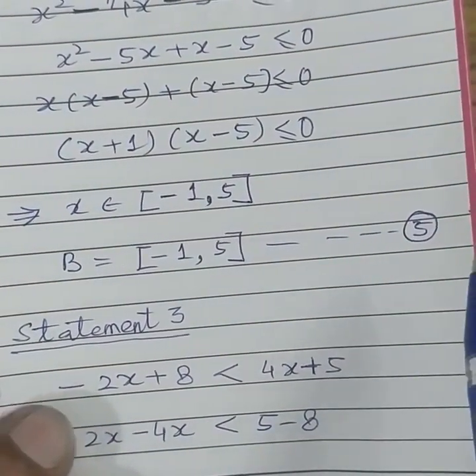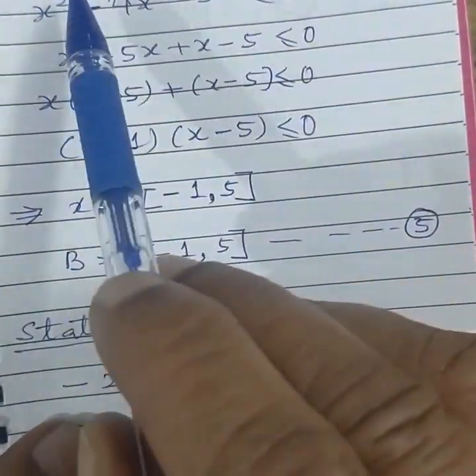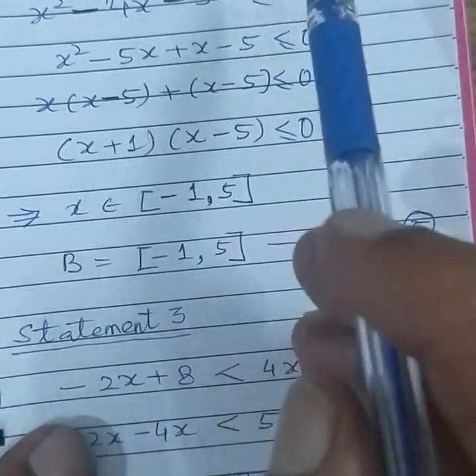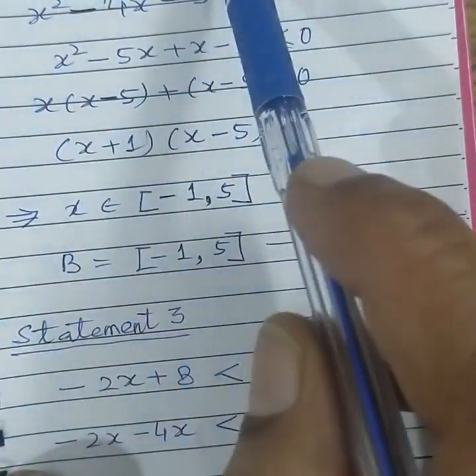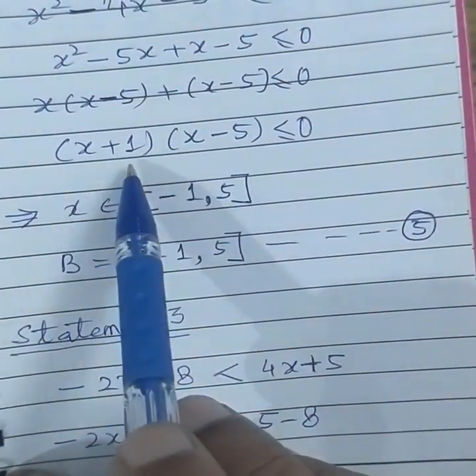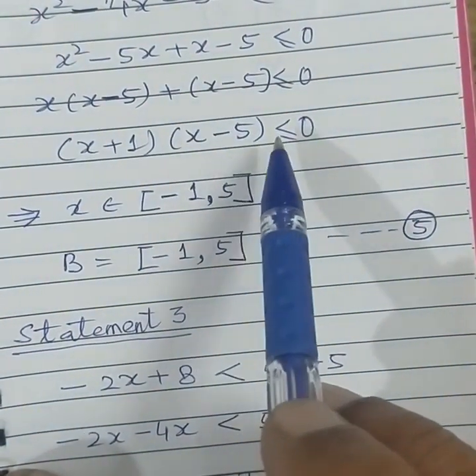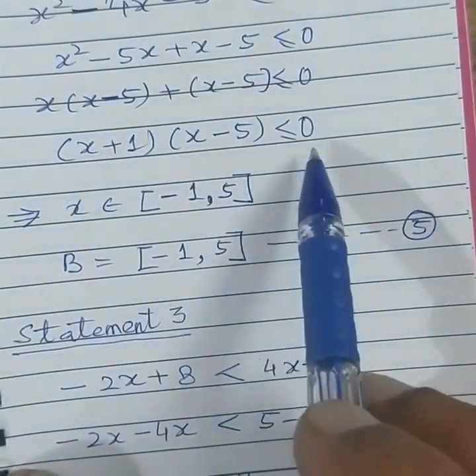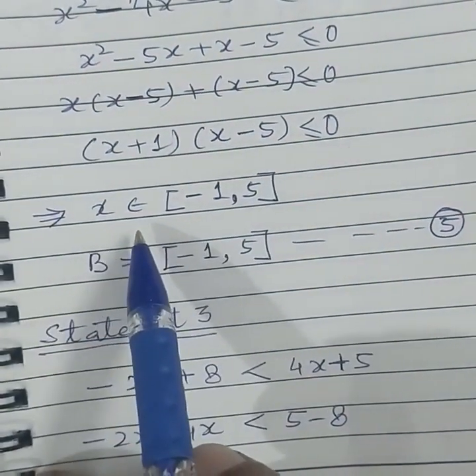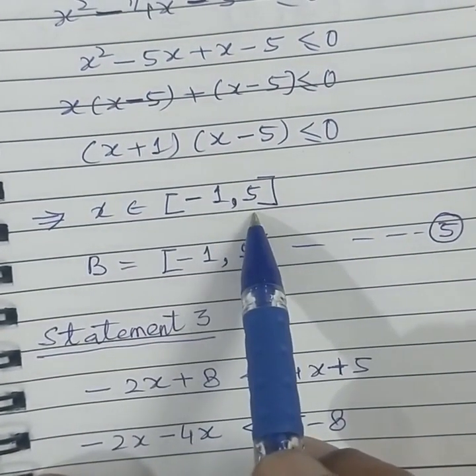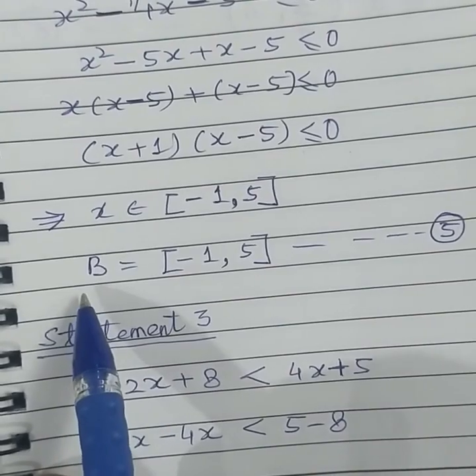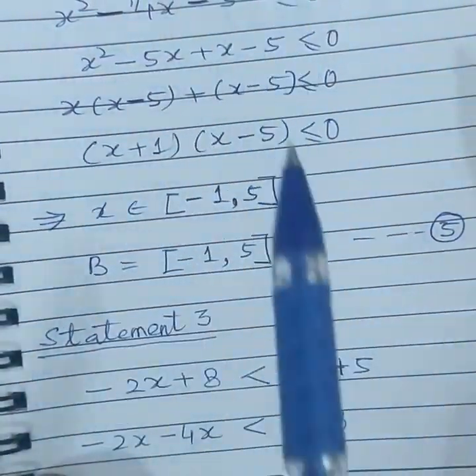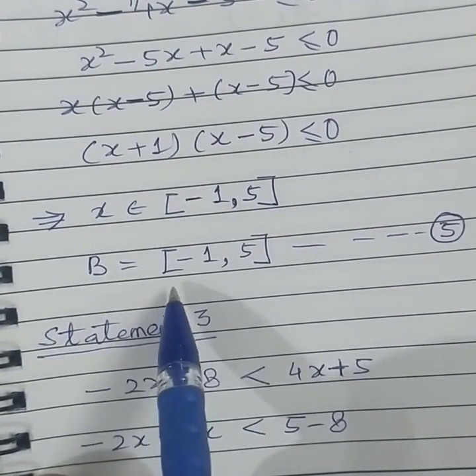Now let us solve statement 2. Statement 2 is x square is less than or equals 4x plus 5. This inequality can be simplified to x plus 1, x minus 5 is less than or equals 0. The solution of this inequality is x belongs to minus 1 to 5. Let us name this as set B, which is the solution set of statement 2. This is represented in the bracket form.